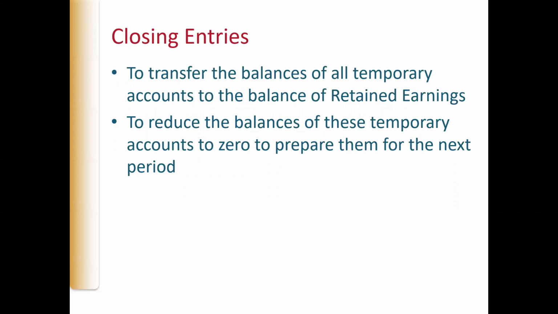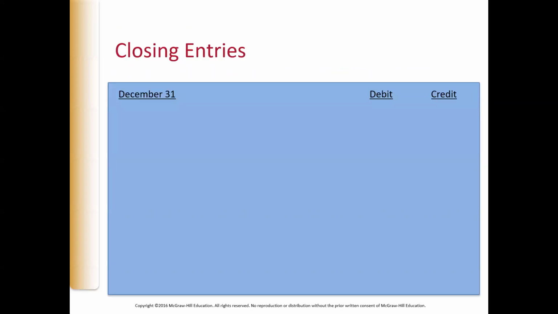Temporary accounts are revenue accounts, expense accounts, and the dividend account. If you think about it, the revenues minus the expenses are net income, and they go into retained earnings ultimately. So we're going to zero out, transfer all those balances to retained earnings, and then create an entry to zero those out so we can get ready for the next accounting cycle.